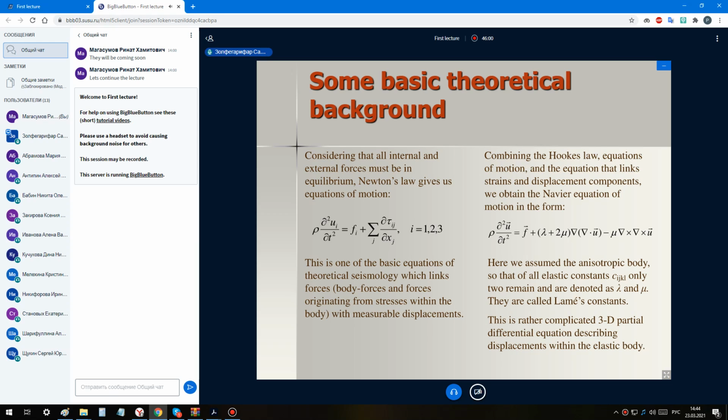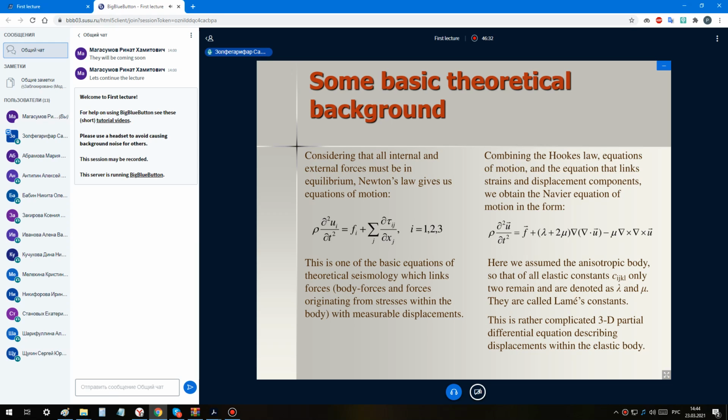Here we assumed an isotropic body, so that of all elastic constants C_ijkl, only two remain and are denoted as lambda and mu. They are called Lamé's constants.